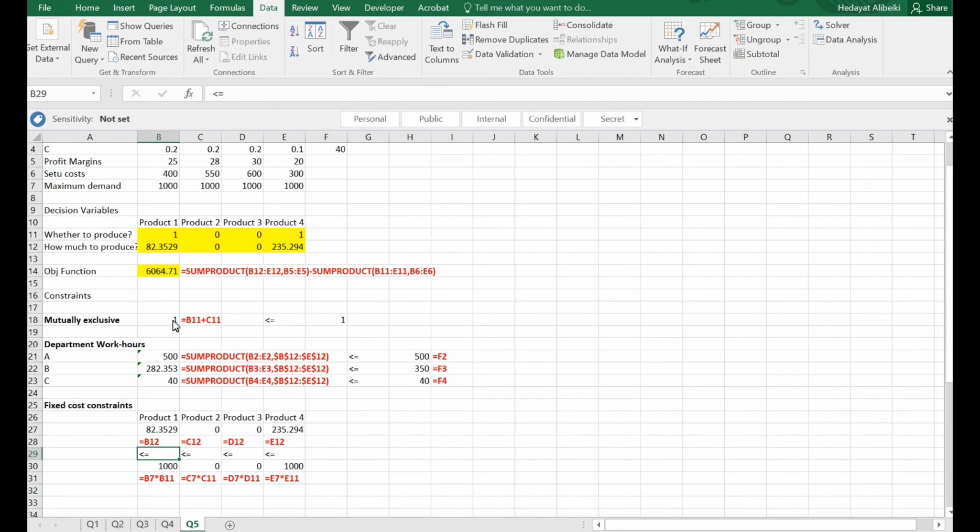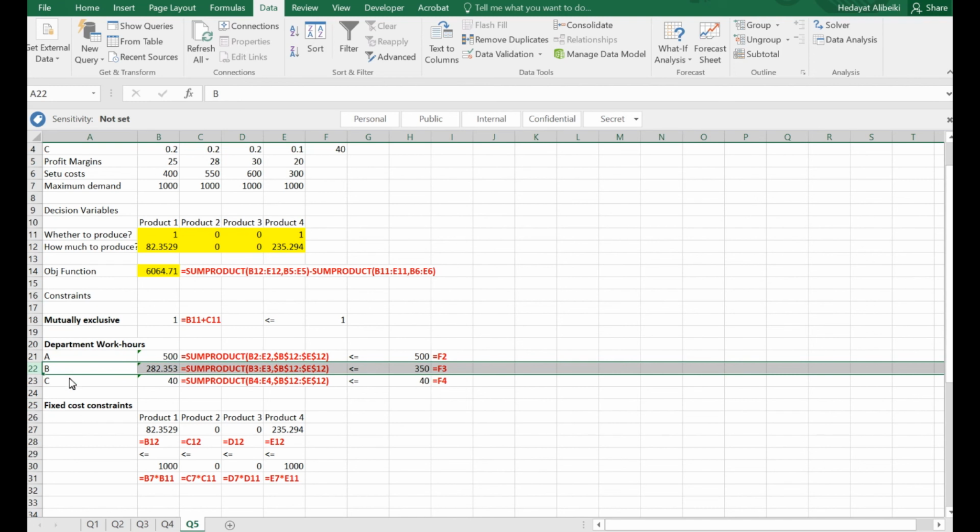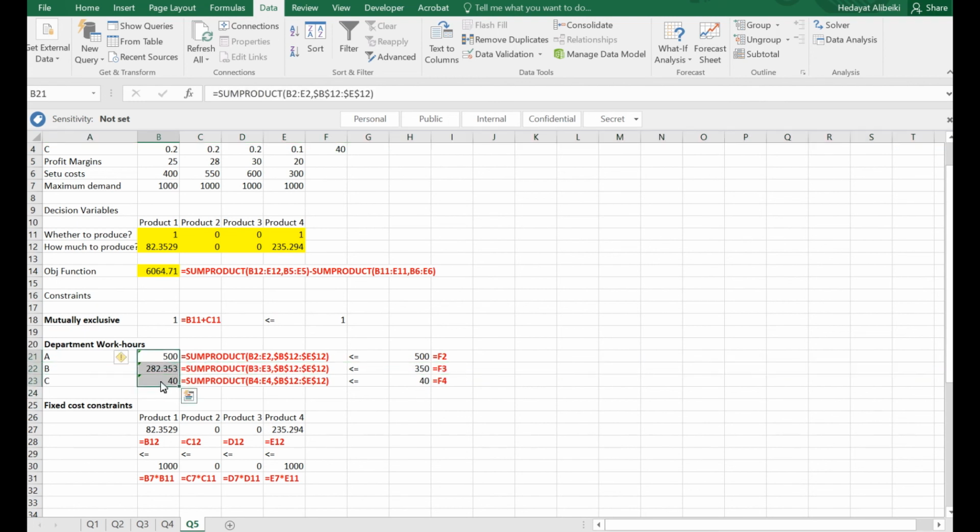Out of product 1 and 2, only product 1 is produced, and we're using everything that we have available from departments A and C. So these are binding constraints, but we still have resources available from department B, and we're not reaching the maximum demand because of our constraint here.